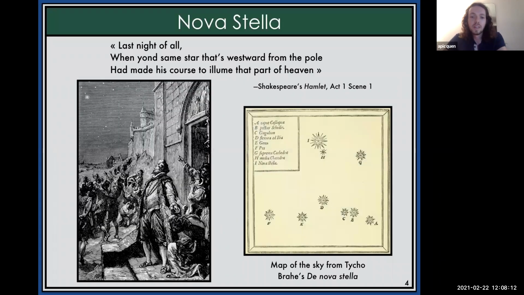Shakespeare made a reference in Hamlet to the luminous spot that was observed by Tycho Brahe in 1572 and that faded out after weeks. Tycho Brahe interpreted it at the time as a new star, or stellar nova, and it played a major role in making astronomers think that the sky was not a non-moving divine entity after all.